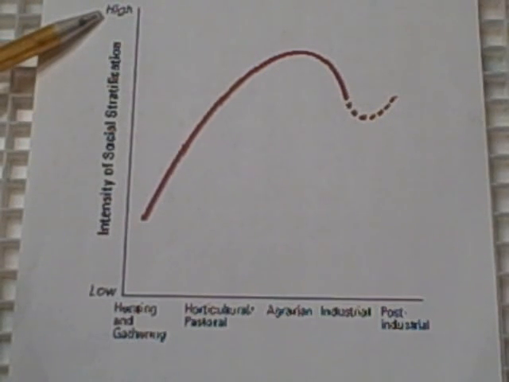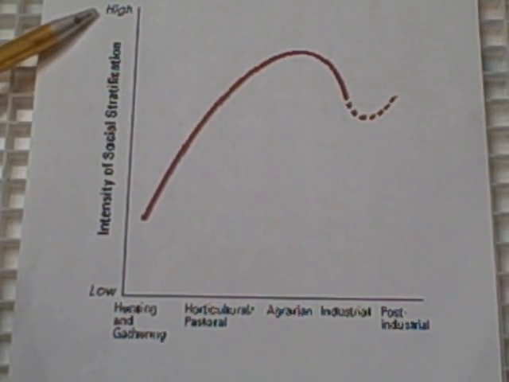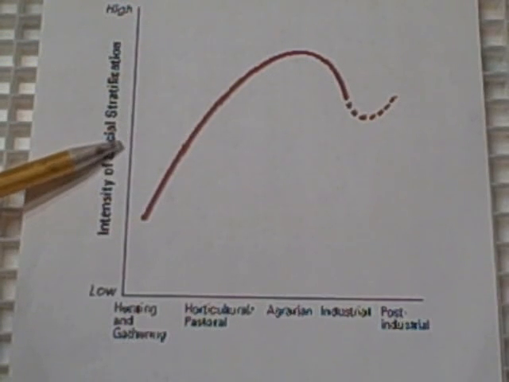If a society had a high level of social stratification, there would be a great distance between the wealthiest in the society and the poorest in the society. At a medium level of social stratification, there would be some people who would have more than others, but not the extreme we see in high social stratification. And there also might be a middle class.